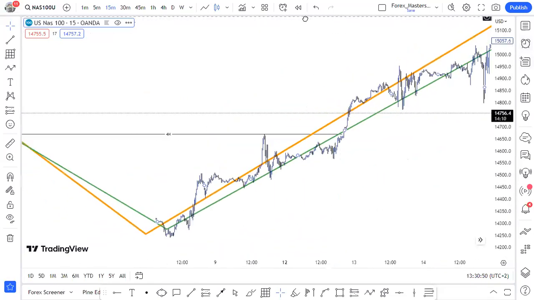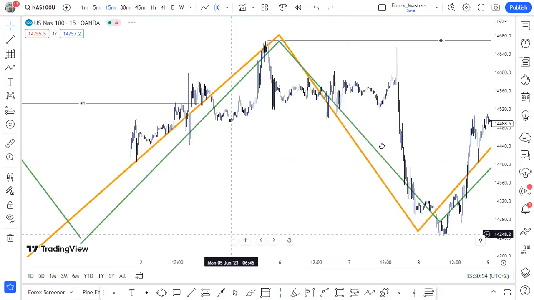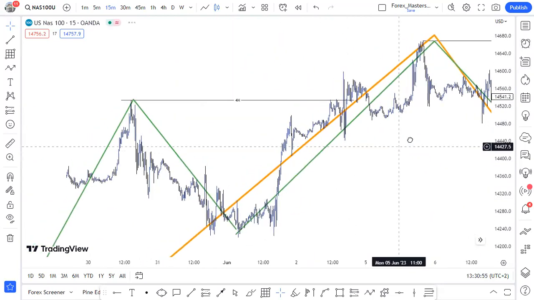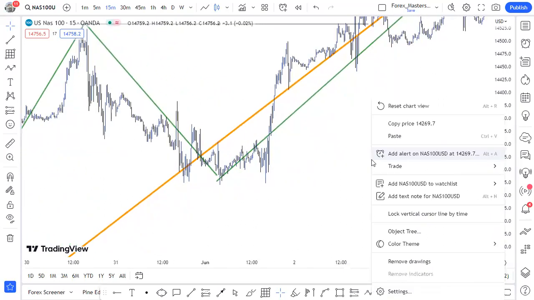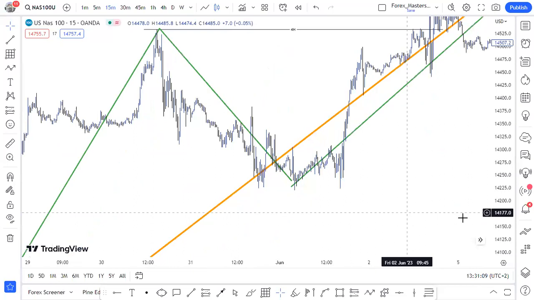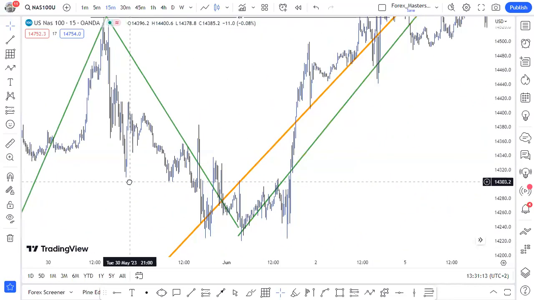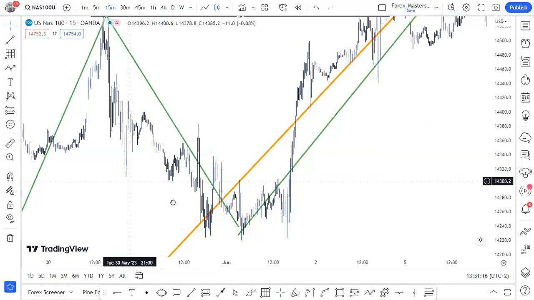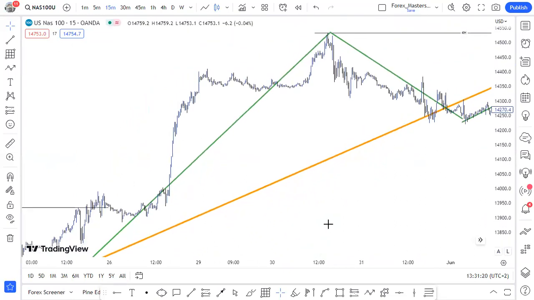So now we have moved from a higher time frame, which is 4 hours, to a lower time frame, which is M15, and we will still maintain the same lines. Green is for 4 hours, and orange is for a daily.